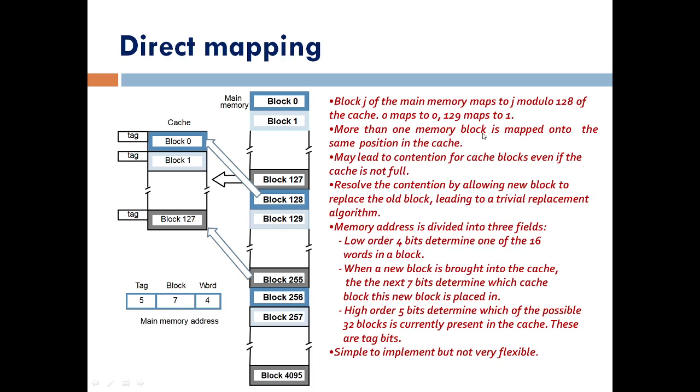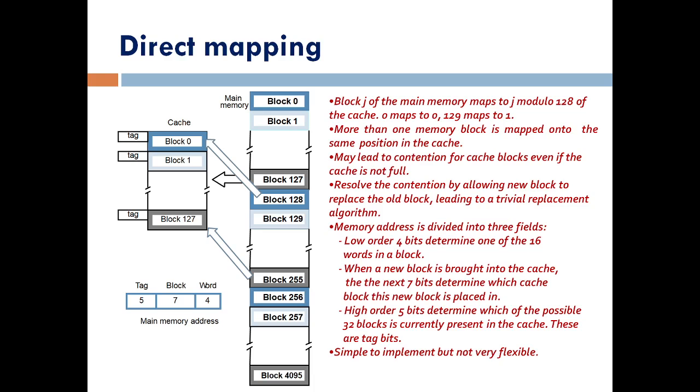More than one memory block is mapped onto the same position in the cache. Block 0 will have block 0, then block 128, then block 256, like that. So many memory blocks will go to block 0 of the cache memory. So a condition arises that is called the contention problem.